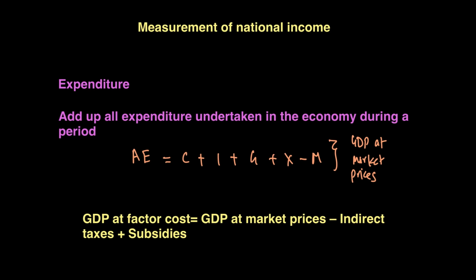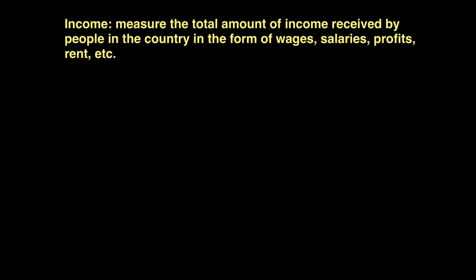Now, when we look at the income approach, we are measuring the total amount of income received by people in a country in the form of various incomes like wages, salaries, profits, rents, dividends, and so on. In this approach, we are looking at how households are earning their income. In other words, it tells us something about the balance between the rewards of labor, which is wages and salaries, capital, which is interest, land, which is rent, and enterprise, which is profits.